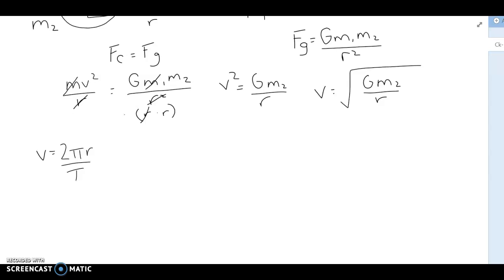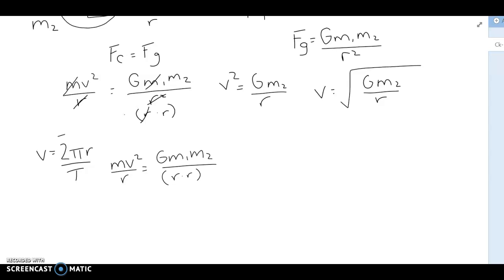So instead of that equation, Fc being equal to mass velocity squared over r, we're going to start with mv squared over r equals G m1 m2 over r times r, or r squared.